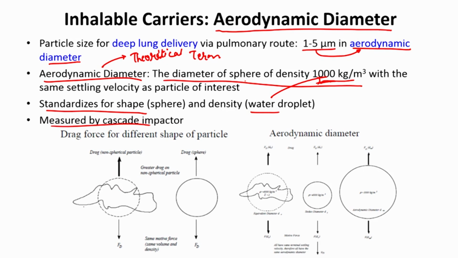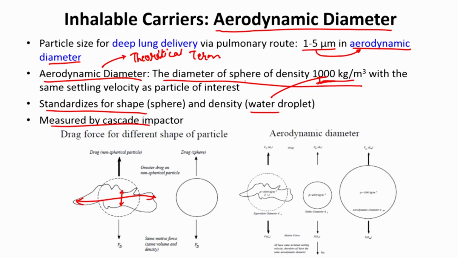If you have a particle which is shaped like this, you will then have to assume it to be a sphere which is somewhere in between the two axes of the particle, and then you are basically measuring how much is the drag on your particle, and then equating it to this hypothetical sphere that you have drawn, and that is how you can then calculate the aerodynamic diameter.